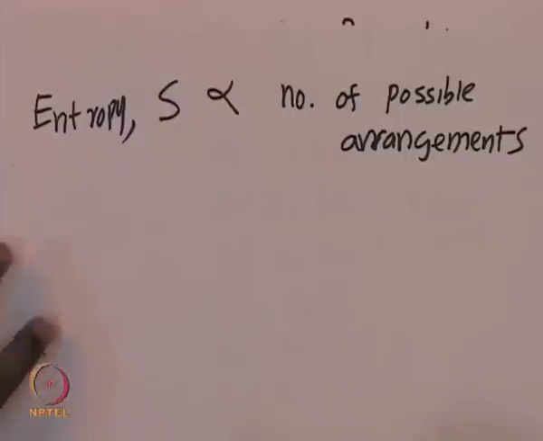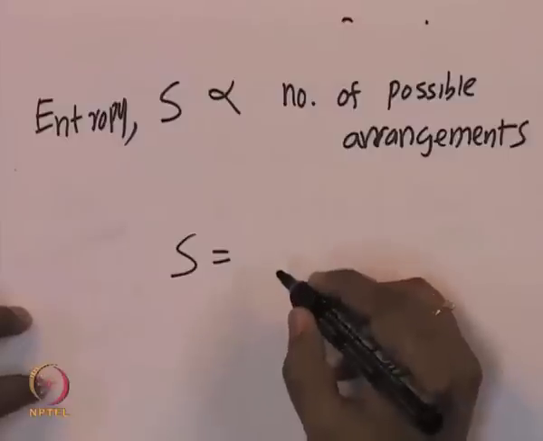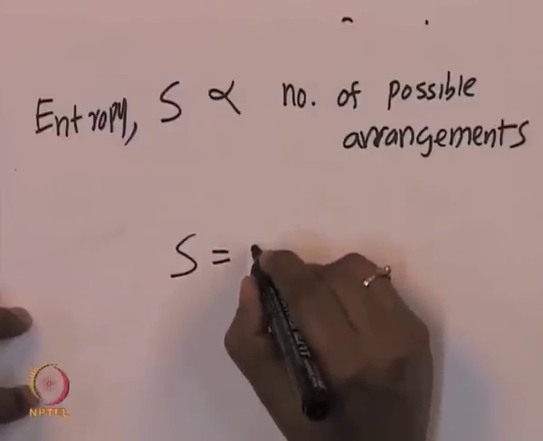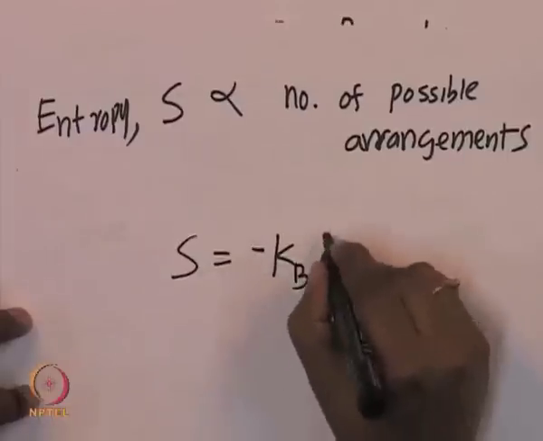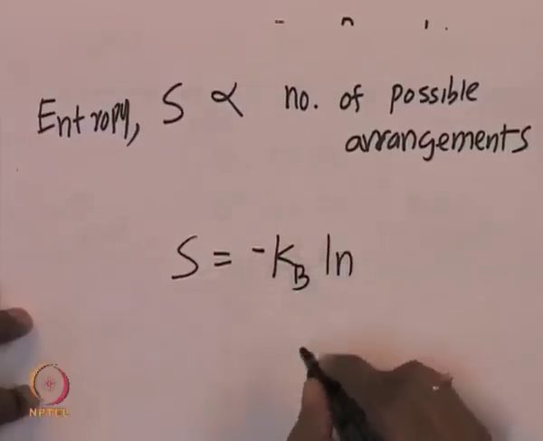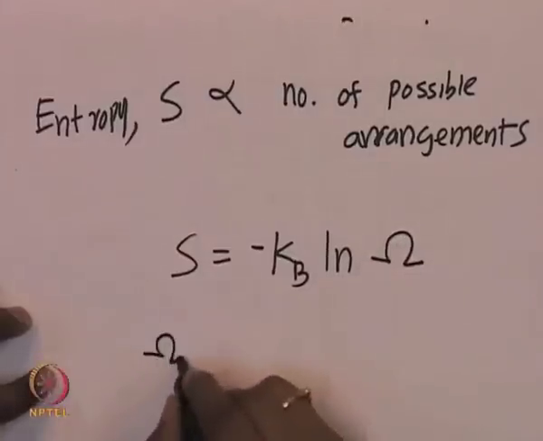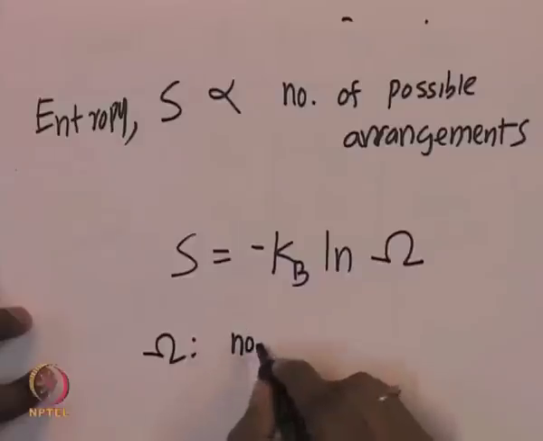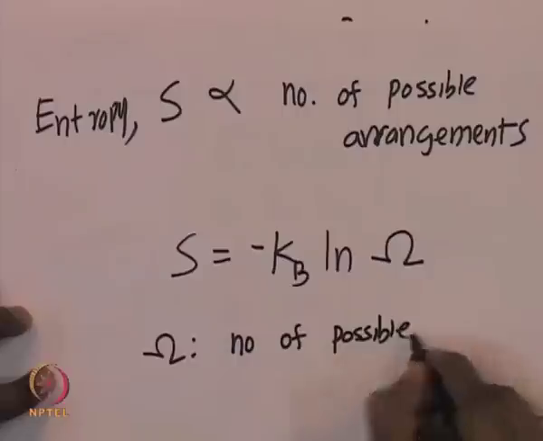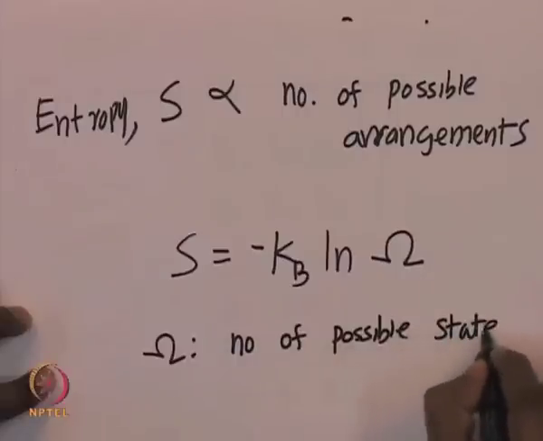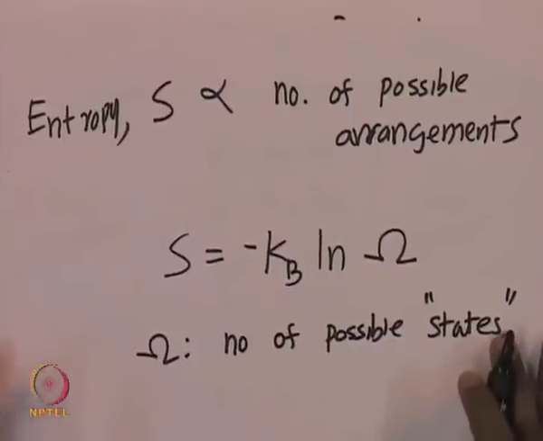The correct definition of entropy in thermodynamics is S = -k_B log omega, where omega is the number of possible states or arrangements.